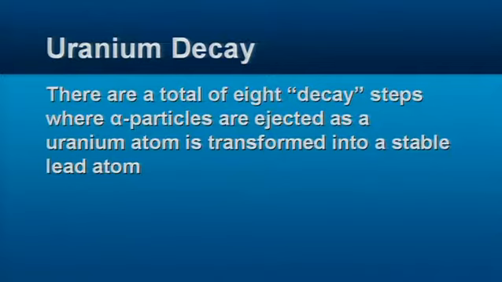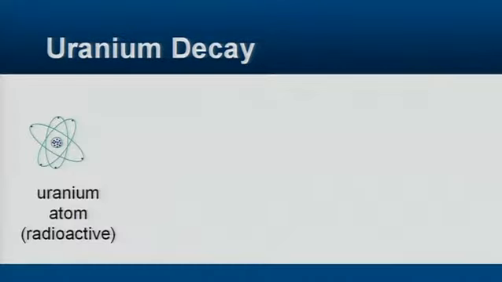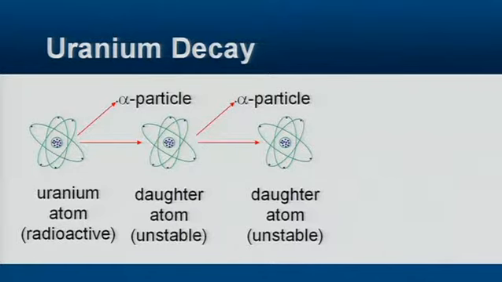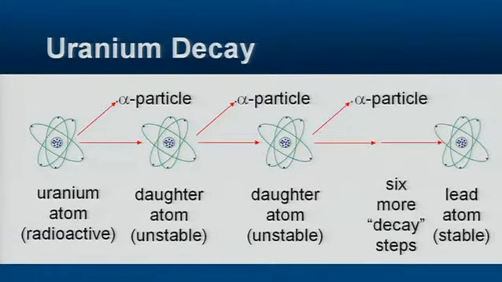But there are 8 steps where this alpha decay process occurs. And so the uranium atom spits out an alpha particle to become an unstable daughter atom. That one spits out another alpha particle to become another unstable daughter atom. The nucleus is still unstable, even though it's lost an alpha particle. And so there are 6 more steps after that until you get to the stable lead atom.